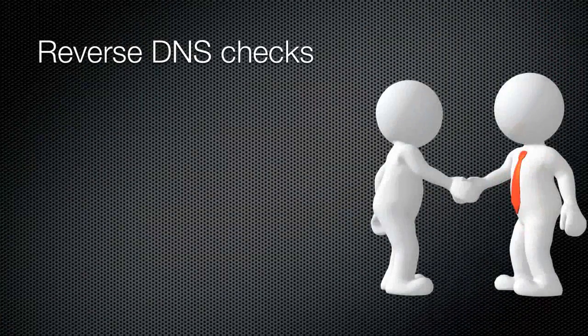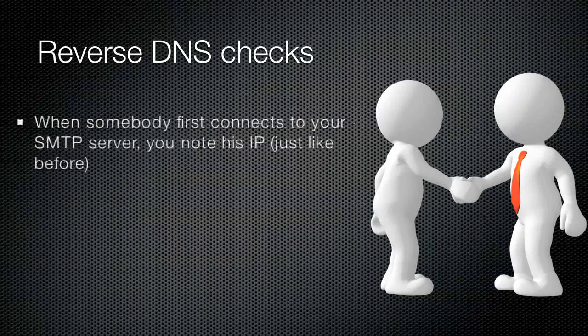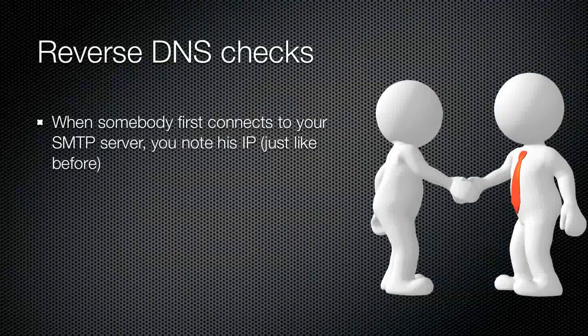Now we come to the reverse DNS checks. What is it? Again, remember we noticed the IP of the address that somebody connected to you, and this is a big reason why most of your checks happen with IP: to conserve traffic. With busy servers and lots of messages, for example, imagine the servers of Gmail or Yahoo.com.